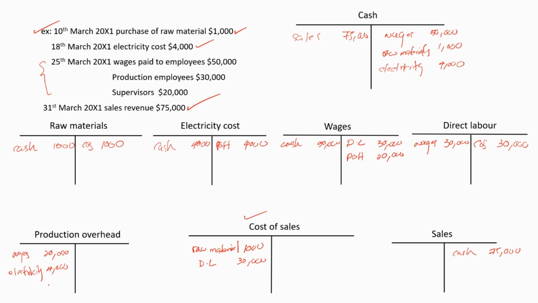So let's find out the balance of the production overhead cost account. So finally we can calculate the cost of sales, which is the balance of this account. So this is the balance of the cost of sales account.